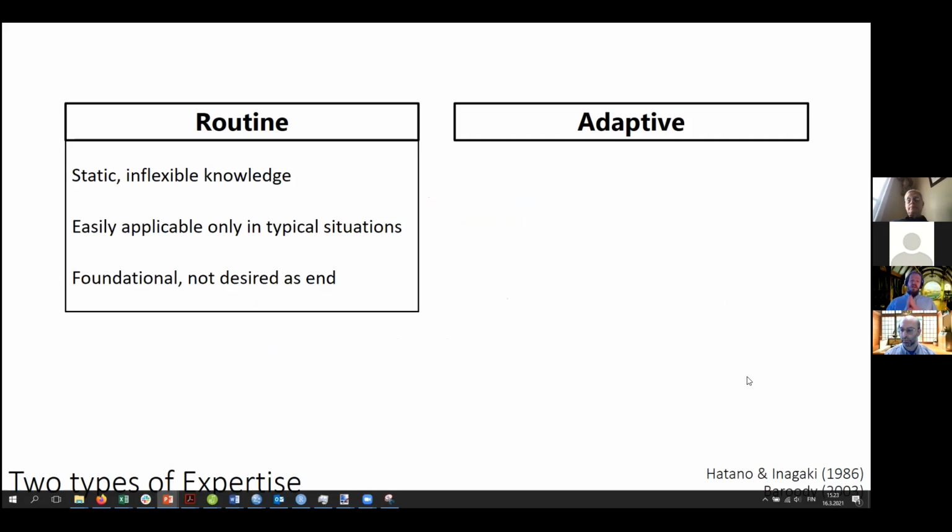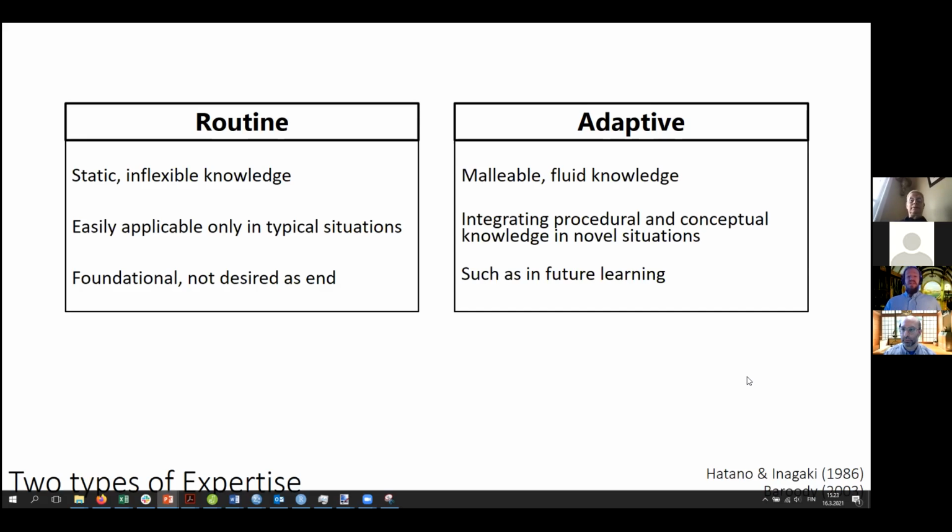The work by Hatano and Inagaki defined routine expertise as being represented by static and inflexible knowledge that can only be applied in typical situations that have been often practiced. While this is foundational knowledge and useful and important to develop, it's not necessarily a desired end of mathematical curricula.